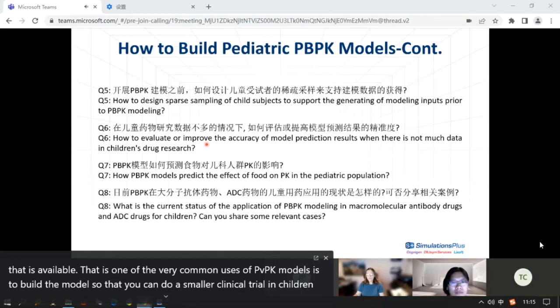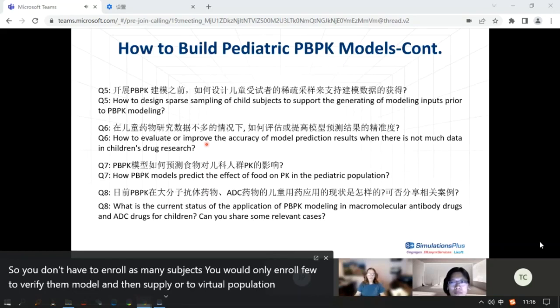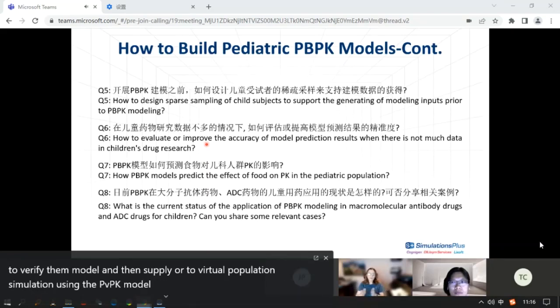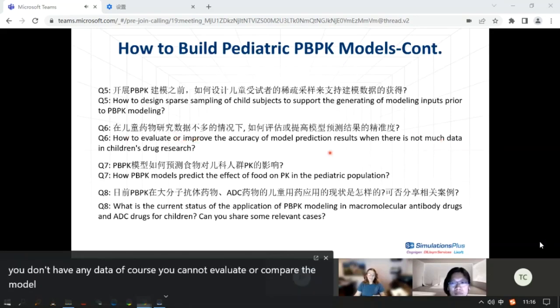So you don't have to enroll as many subjects. You would only enroll few to verify the model, and then supply or do virtual population simulation using the Pbpk model to account for wider variability. But if you don't have any data, of course, you cannot evaluate or compare the model. You simply use the data that is available.